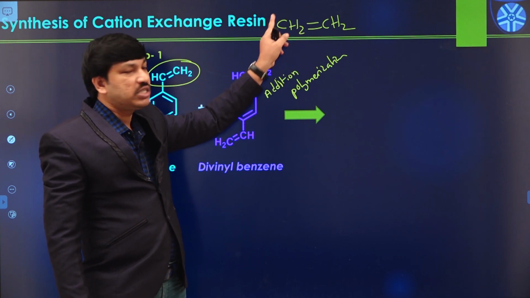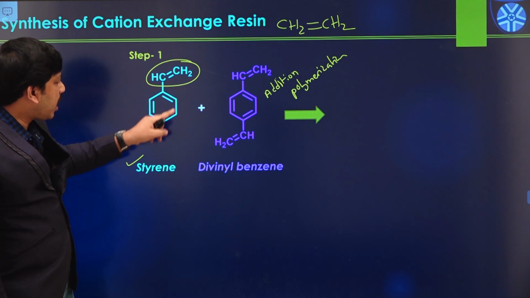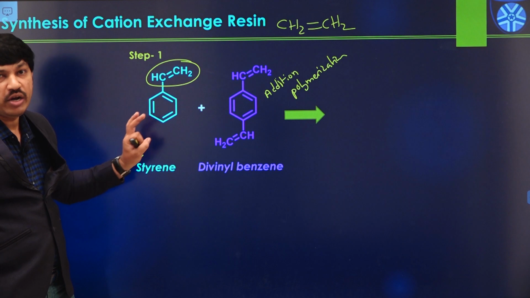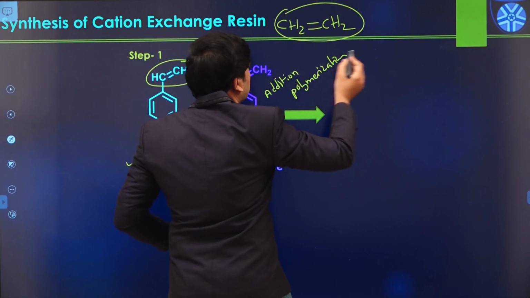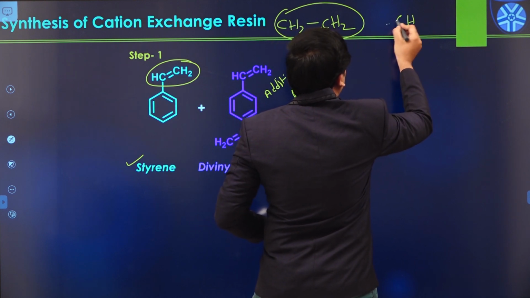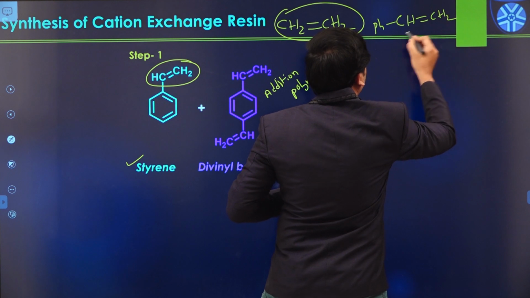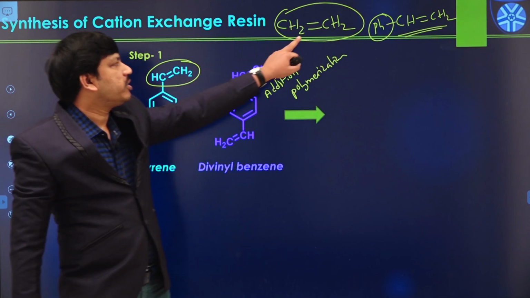Here we have a CH2 group, but here we have one CH, and another hydrogen atom is replaced by a phenyl group or benzene group like this. That is the only difference. The remaining thing, everything is the same. So it is just like this: CH, Ph meaning this benzene ring, double bond, CH2. So this is the only difference. The rest of the molecule is very much similar to this one only.